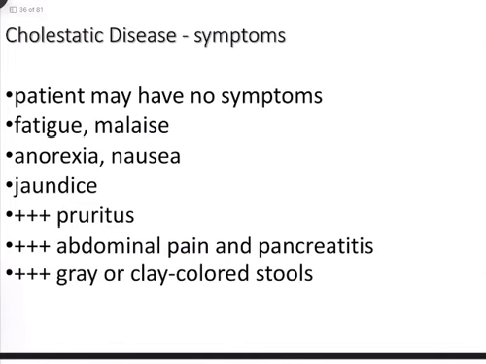While on your cholestatic disease, your patient can also be asymptomatic, but there is possible fatigue, malaise, anorexia, nausea, jaundice, extreme pruritus, extreme abdominal pain, and pancreatitis. Also, gray colored stool is present. Bakit? Your cholestatic disease relates to the gallbladder.